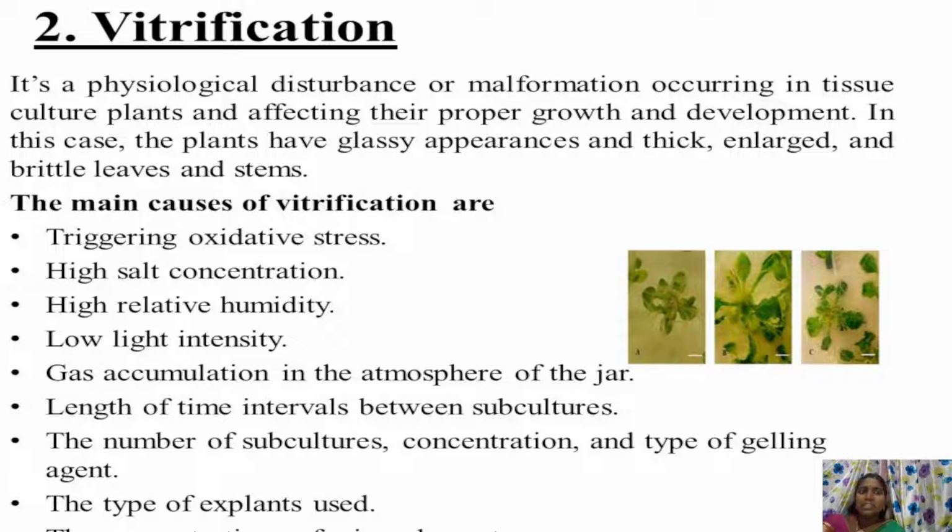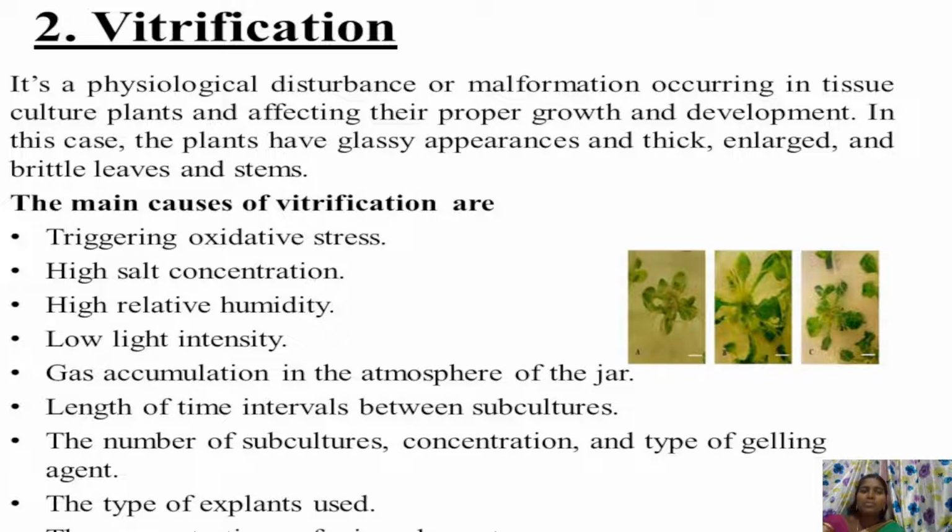The second problem is vitrification. Vitrification is a physiological disturbance or malformation occurring in tissue culture plants that affects their proper growth and development. In this case, the plants have a glossy appearance and thick, enlarged, and brittle leaves and stems.